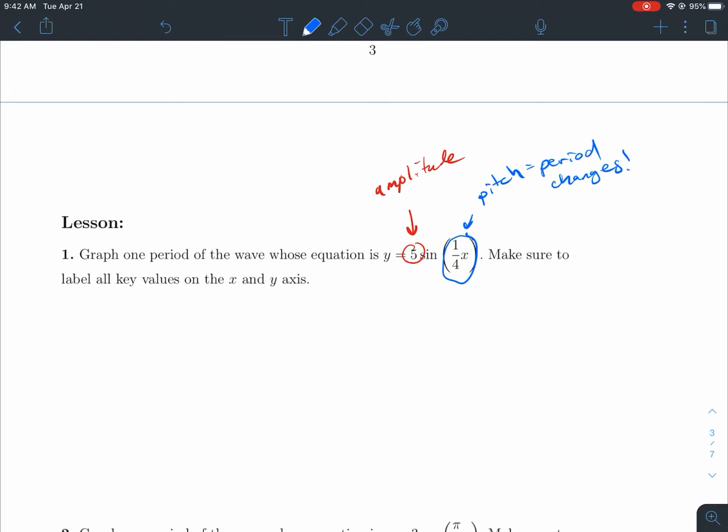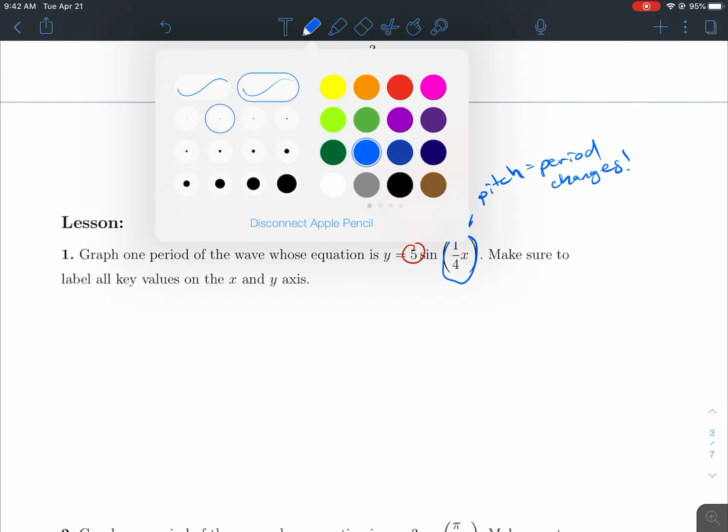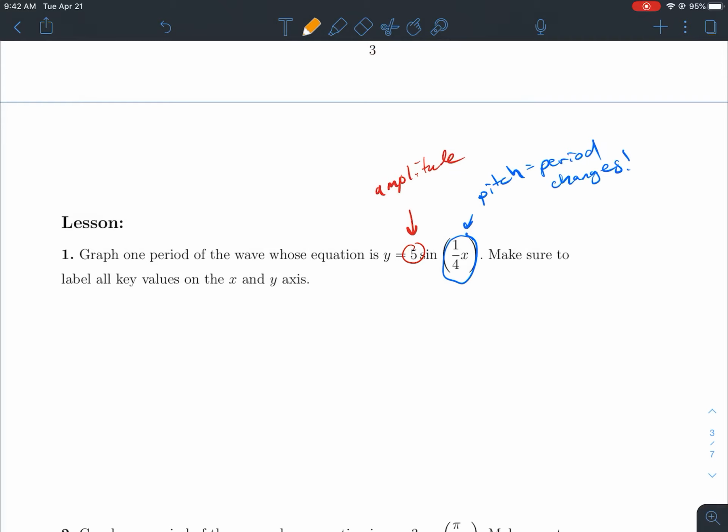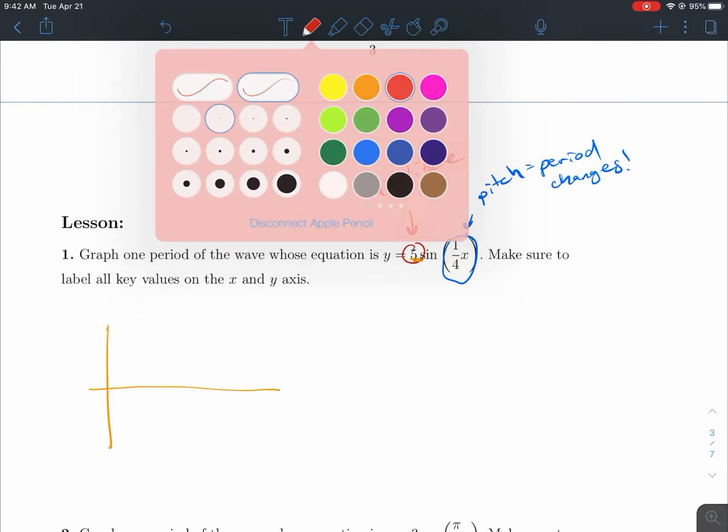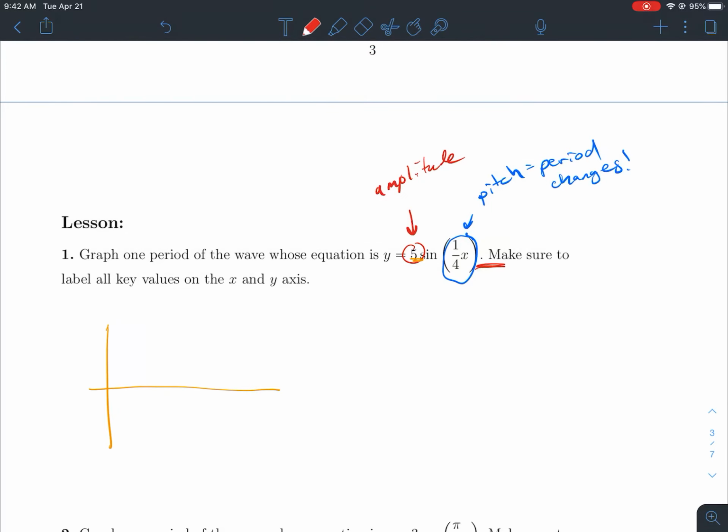Now, unfortunately, this one is not as easy to work with as the amplitude. So let's look at an example of how to do this, being problem number 1. All right, so sine of x we definitely feel comfortable with. Now, we know the amplitude is 5. We also notice that there's no vertical shift here, so we don't have to worry about shifting the midline.